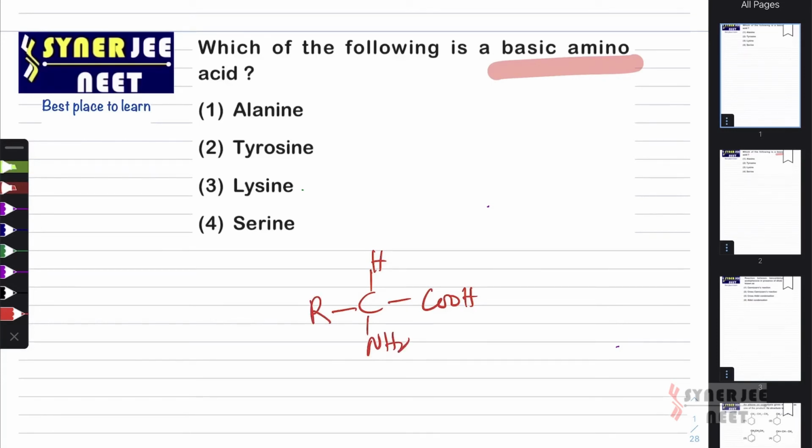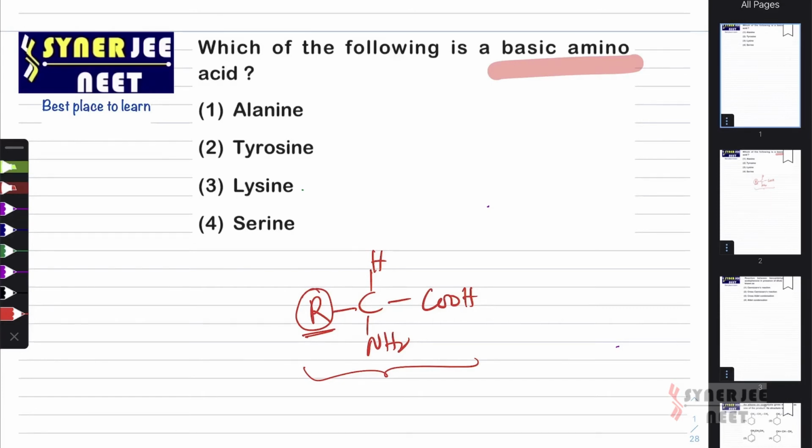This is the general structure of an amino acid. Now, if this R group has one extra COOH group, then the overall compound will have 2 COOH groups. Then we call it an acidic amino acid. If this R group has one NH2 group, then the overall compound has 2 NH2 groups. Then it will act as a basic amino acid.